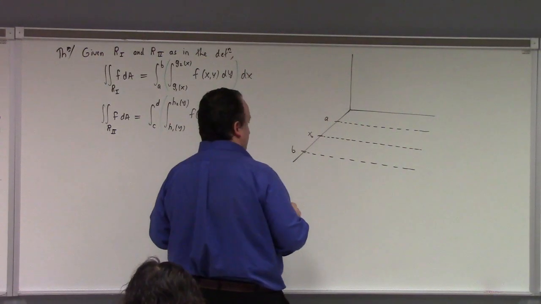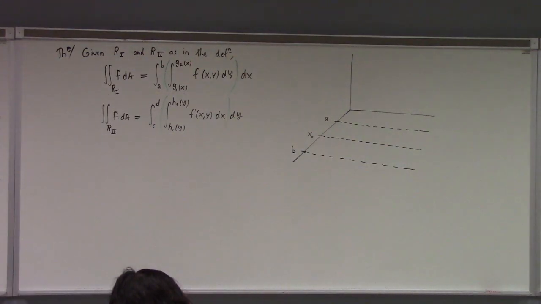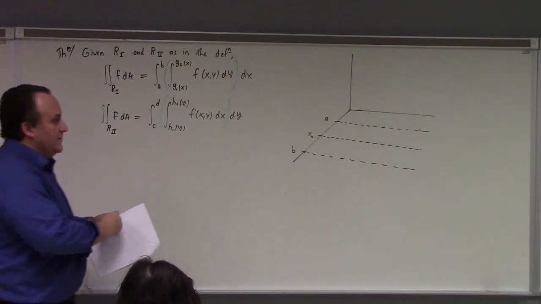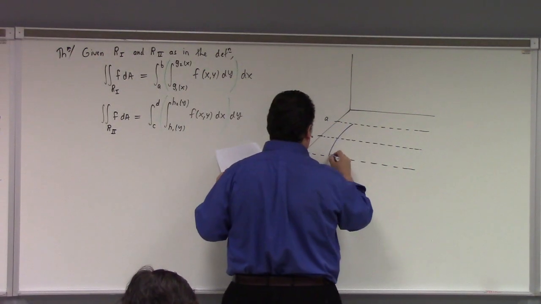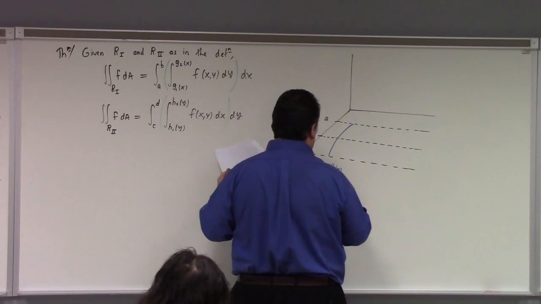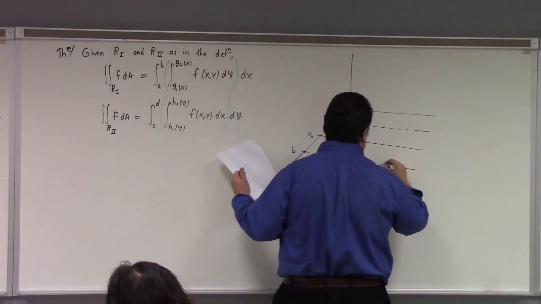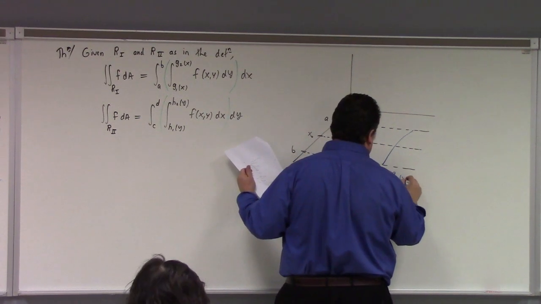Okay. Now, I'm supposing I'm looking at a type 1 region. I'm visualizing the type 1 region as a subset of the xy plane, all right? So, like, I can make maybe this one y equals g1 of x here, and then over here somewhere y equals g2 of x, all right?